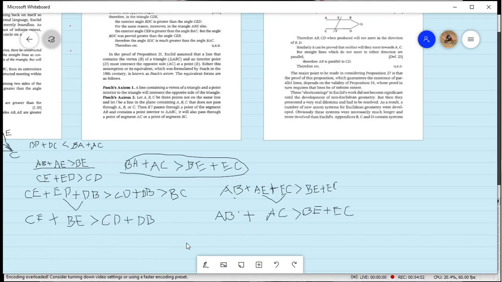But notice that AB plus AC is greater than BE plus EC, and CE plus BE is greater than CD plus DB.